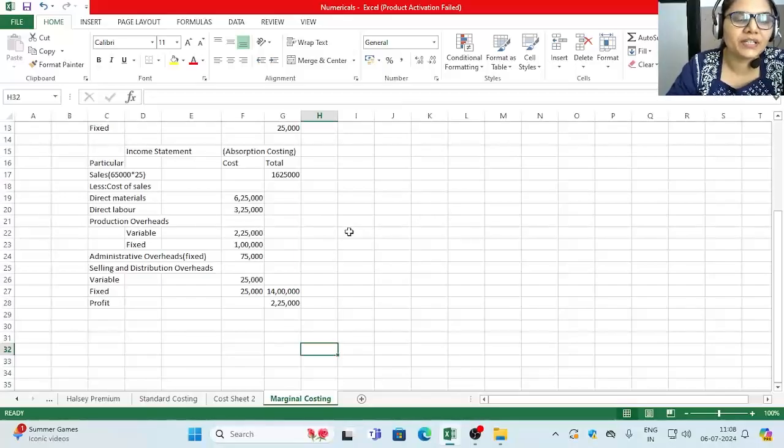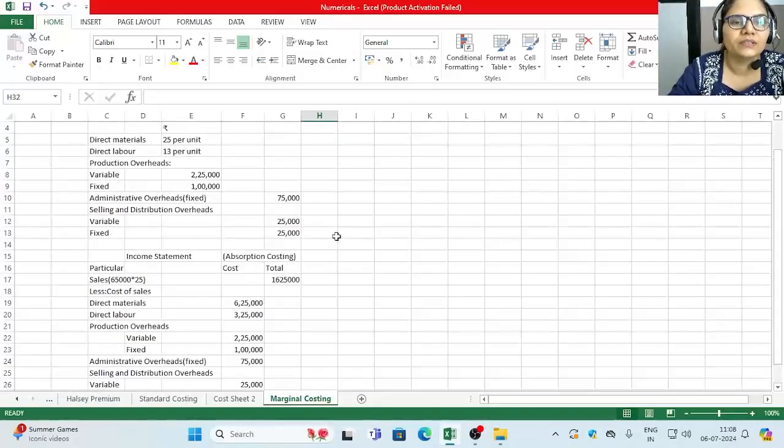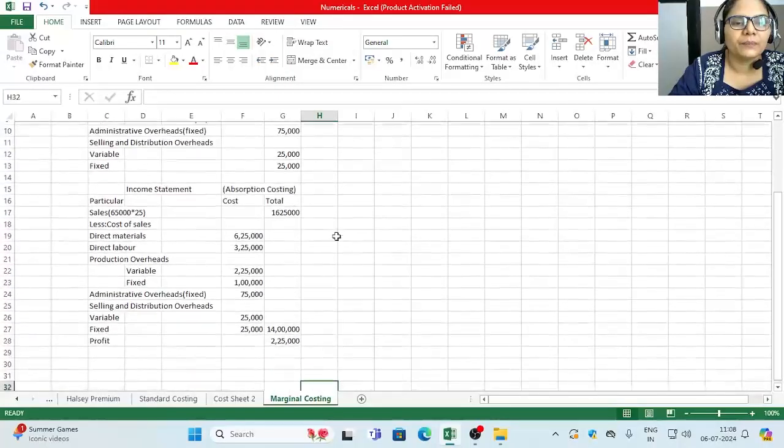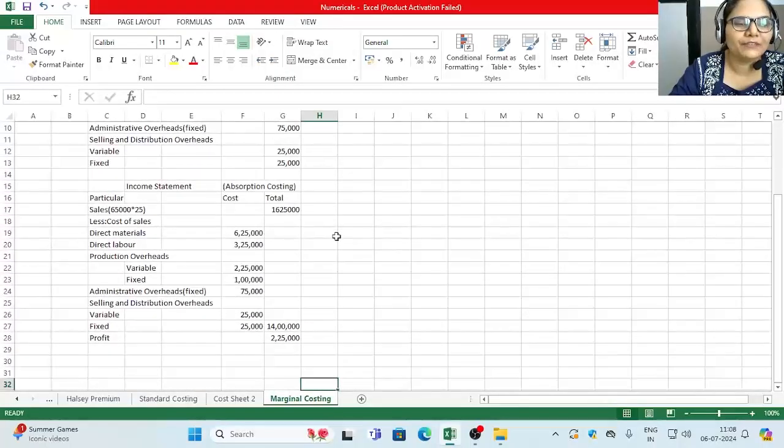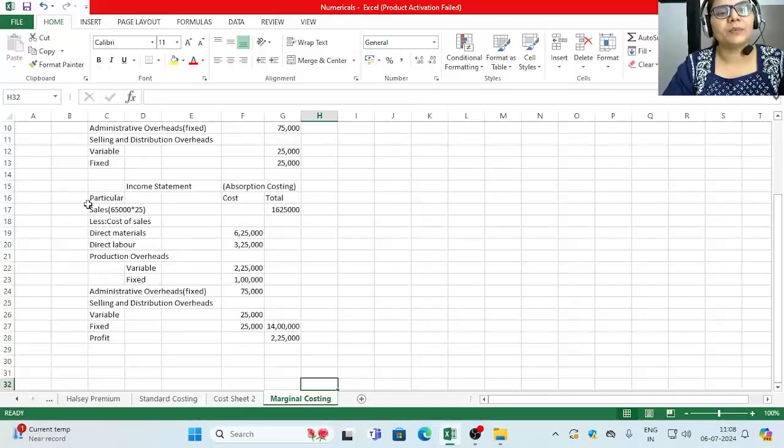This situation is where there is no opening stock and no closing stock. Basically, we do not differentiate between variable and fixed in case of absorption costing. Here we are preparing the statement as it is: sales less cost of sales, direct material, direct labor, production overheads, administrative overheads, selling and distribution overheads, variable and fixed.